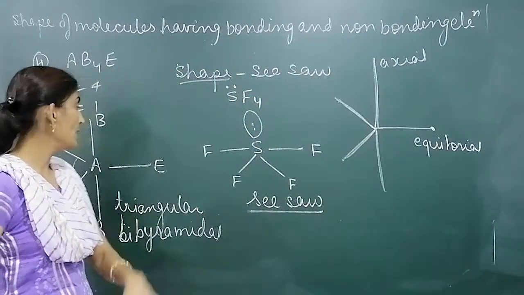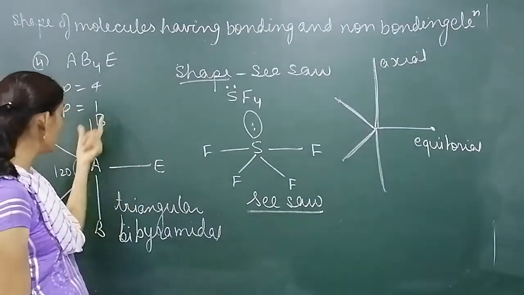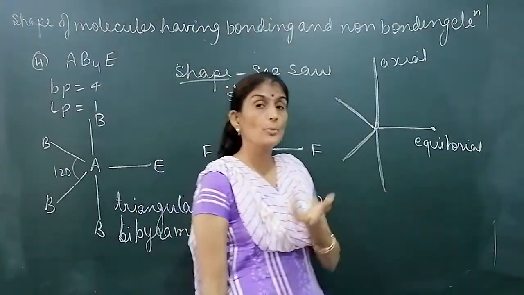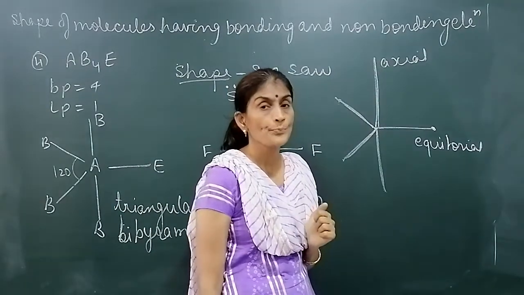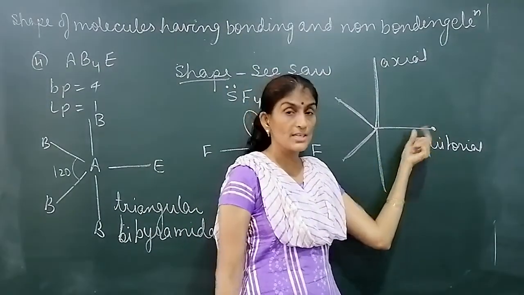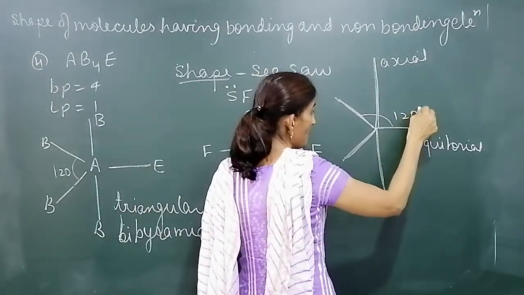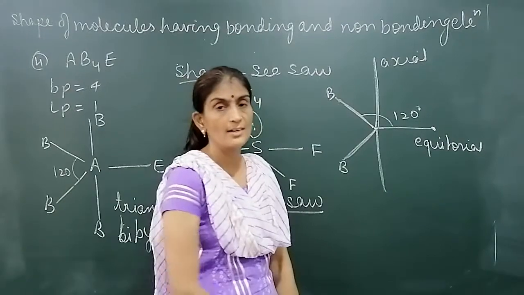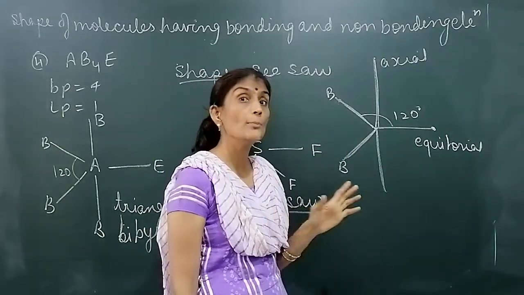Only equatorial position can be occupied by a lone pair. Lone pair cannot be present at axial position. One lone pair, two lone pair, three lone pair, they will always occupy equatorial position. What is the reason? Because this equatorial position is at 120-degree angle from another bonding pair or another two equatorial positions. These axial bonds are at 90-degree from all the bonds.